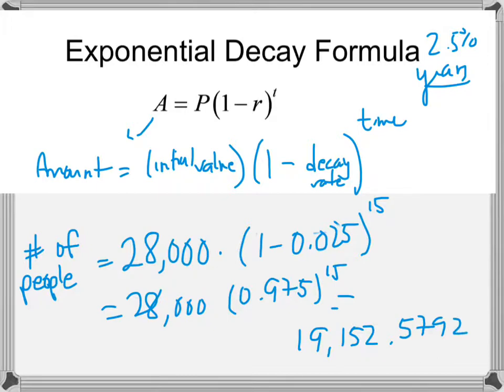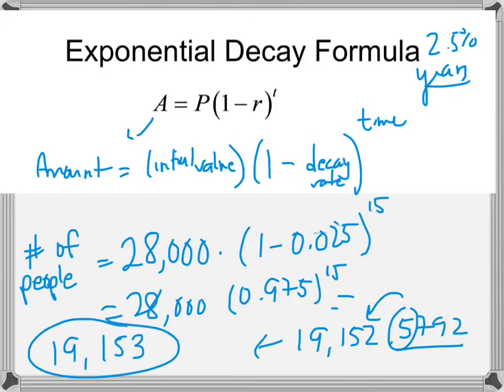Now clearly, I don't have a part of a person. It doesn't make sense for me to round to the nearest hundredth in this situation because I don't have a part of a person. So I'm going to round up, just strictly rounding rules. I have a 5 here, so that's going to increase by 1. So I'm going to say that I have 19,153 people. Or you could say that you have between 19,152 and 19,153 people.